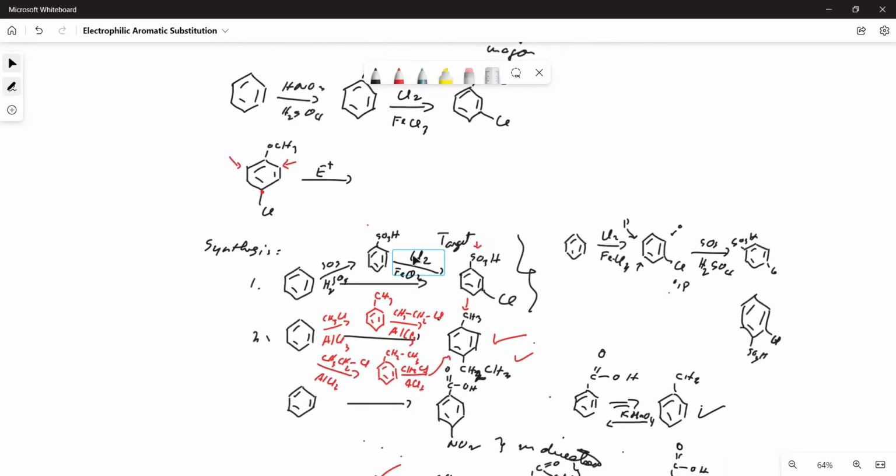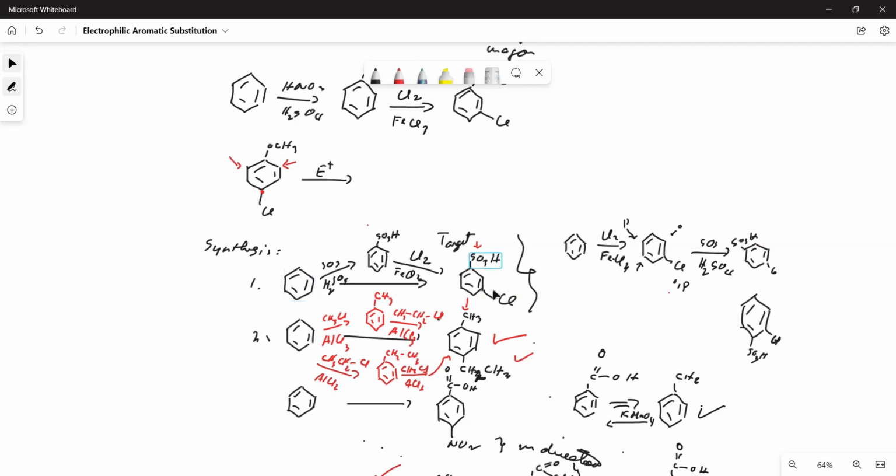Now, supposing you have the benzene here and your target product is this 3-chloro benzene sulfonic acid. How are you going to synthesize this from benzene?